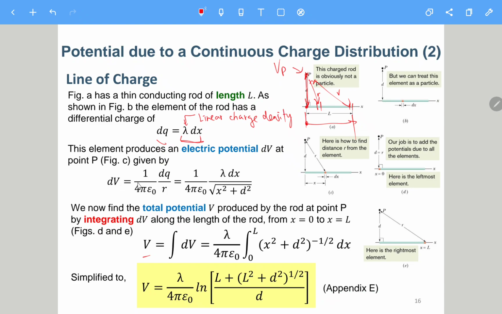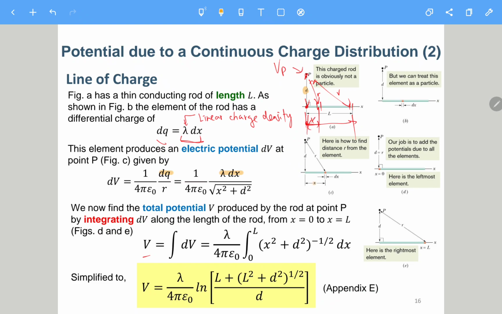Okay, so we have dV equals 1 over 4 pi epsilon naught times dq over r. Then we can plug this in: dq is lambda dx. And for r, it is not the integrated variable, so we try to express r in terms of x and some other constant. In this case, the distance here is d, and this one will be x.